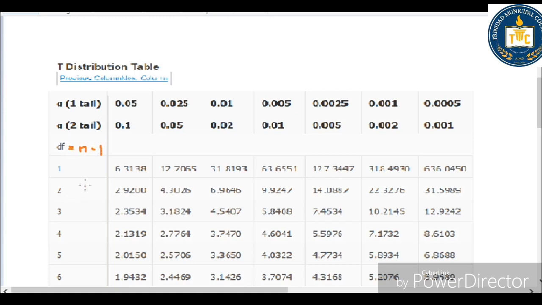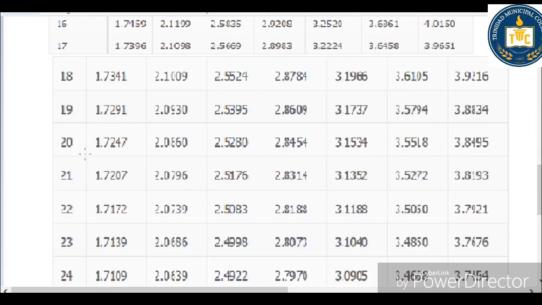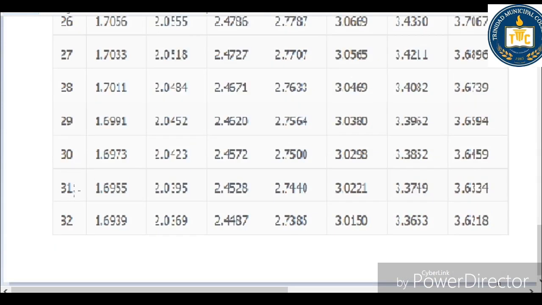Since our n, or our sample size, is 32, we just do 32 minus 1, so 31. So we look for the degrees of freedom 31 here. So 31, then first column, which is 1.6955. Okay, so this is our critical value or tabular value.